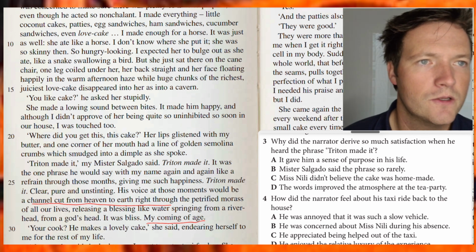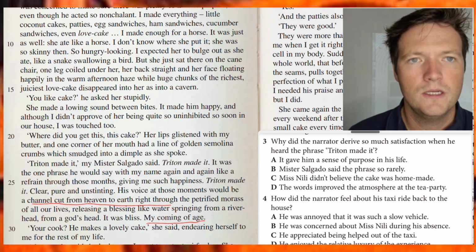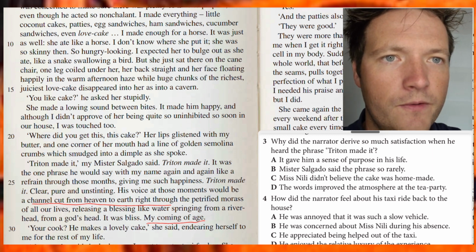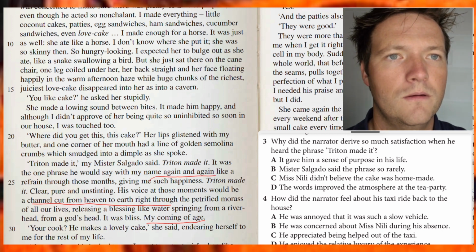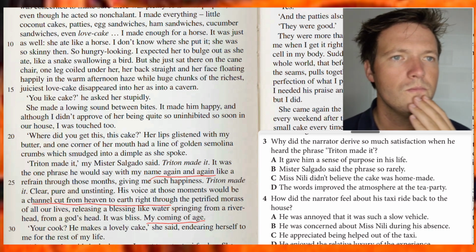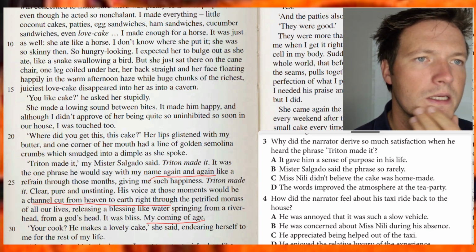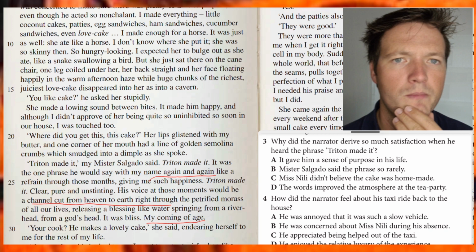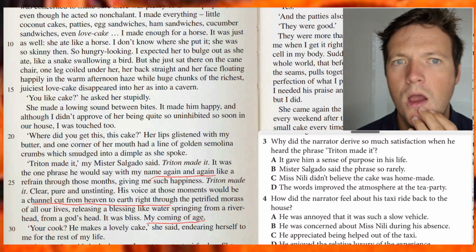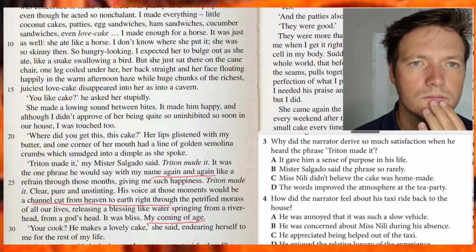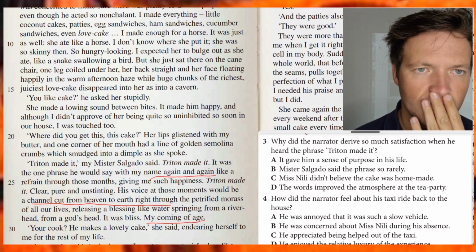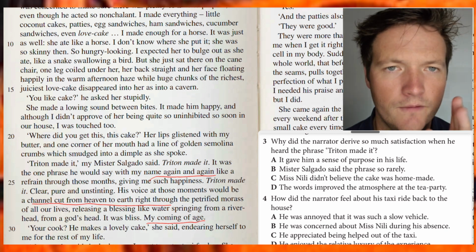B, Mr. Salgado said the phrase so rarely. No, he didn't say it rarely. He said it very often. It was the one thing he would say again and again, right? Triton made it. C, Miss Neely didn't believe the cake was homemade. I don't see anything else. Read on a bit.